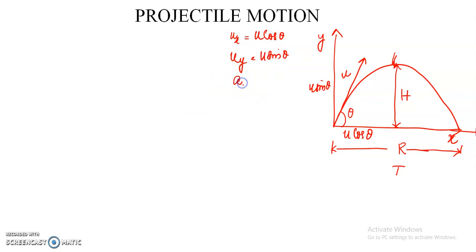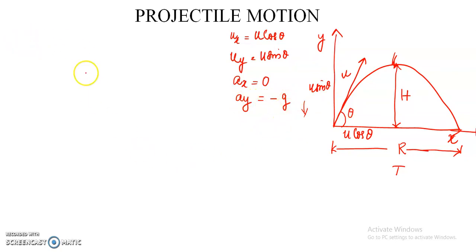Also, the acceleration in the x direction, ax, equals 0, since there is no external force acting in the horizontal direction; it is moving under only the initial velocity given by us to the stone or ball. In the vertical direction, ay, the acceleration is equal to the negative of the acceleration due to gravity, because the motion is in the vertical direction while the acceleration due to gravity is in the downward direction. So ay equal to minus g.